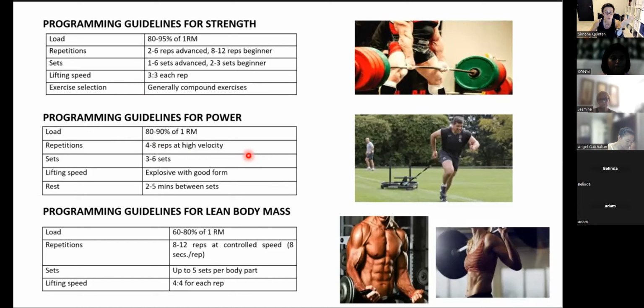So you have strength and a lot of speed involved. A lot of plyometric exercises for this one as well, because it is explosive with good form. And usually they have up to 5 minutes rest in between the sets because it's very challenging.